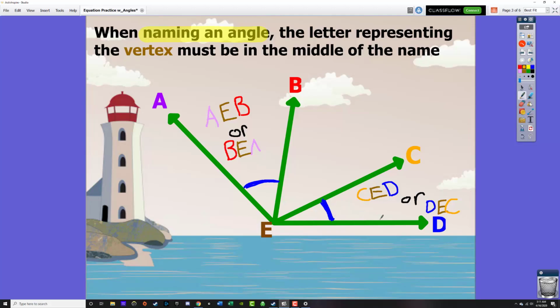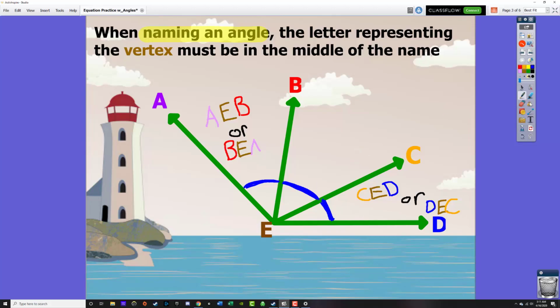And either way is perfectly fine. So at this point, we should all be able to name this angle right here. Just go ahead and give me one of the two names this time. So go ahead and pause it and have the name in your mind.